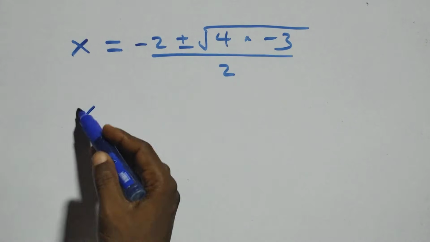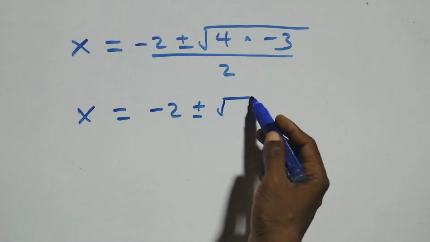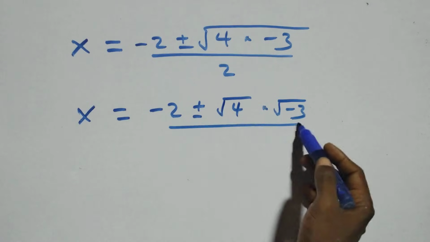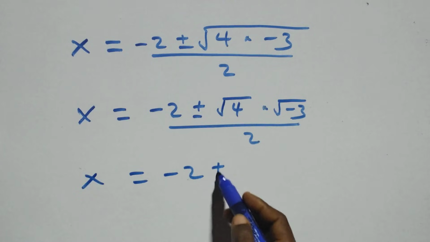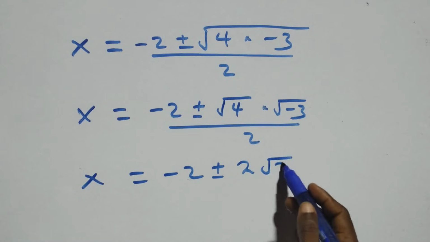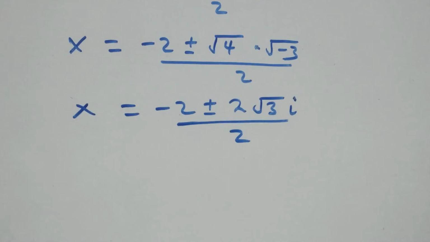Here this becomes x equals minus 2 plus or minus root 4 times root minus 3, all over 2. That is, here we have x equals minus 2 plus or minus root 4, that's 2, and root minus 3 is the same thing as root 3i, all over 2. Also here, 2 is common.